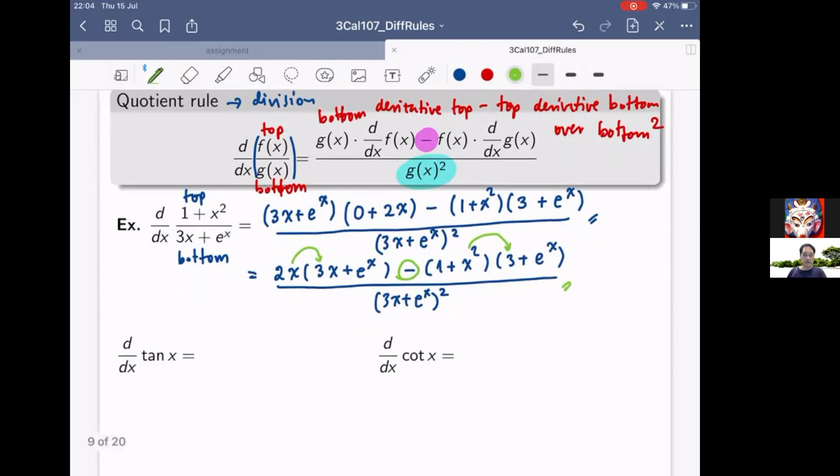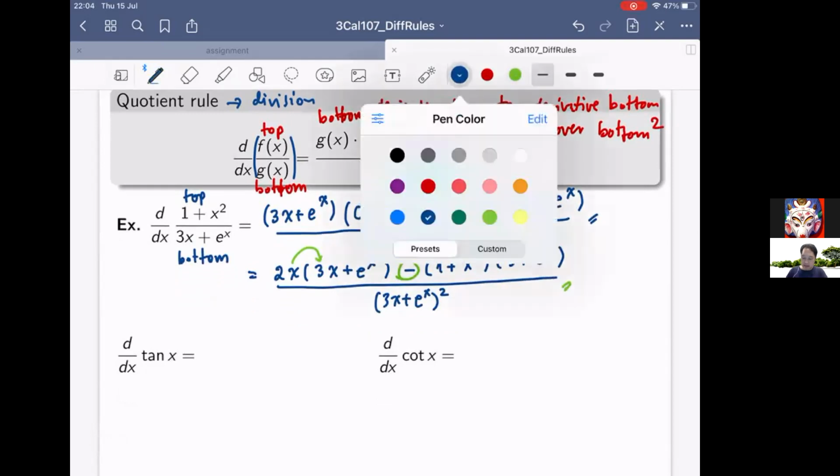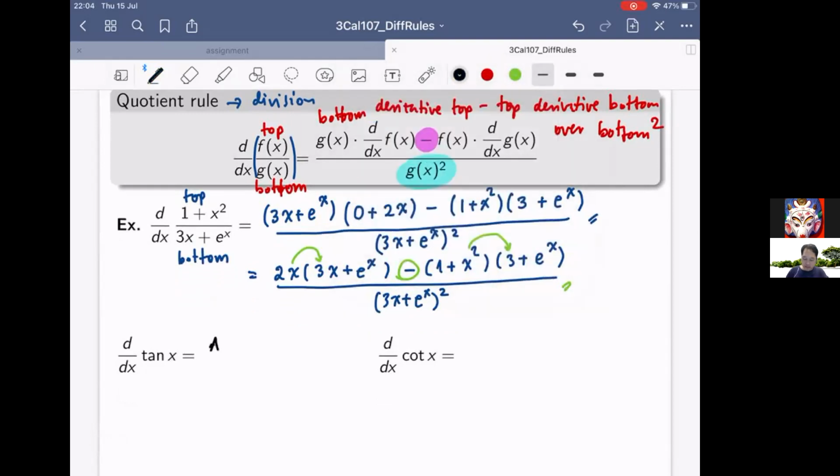So how about the tangent? What does the tangent look like? Okay, so actually a tangent consists of the top as your sine, and your bottom as your cosine. So here you have a top and a bottom again, divided.